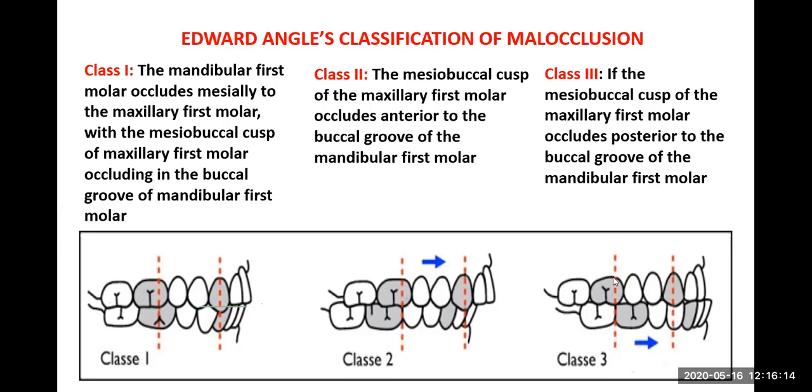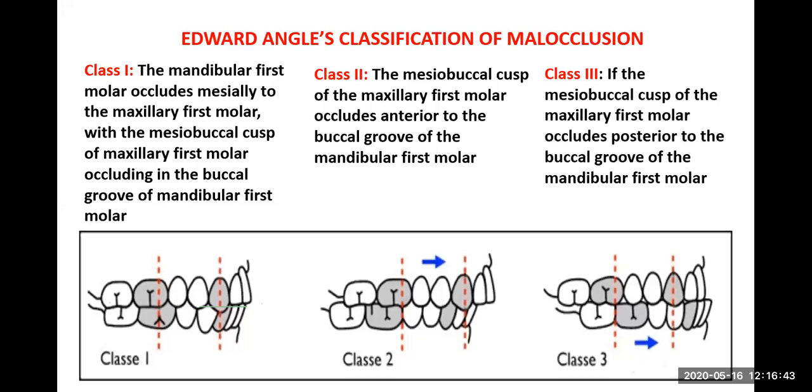That is when the line is crossing in the third class. If the mesiobuccal cusp of the maxillary first molar occludes posterior to the groove of the mandibular first molar, then you define that as class 3. You can see the distinction. The picture should show you a clearer understanding of this relationship.